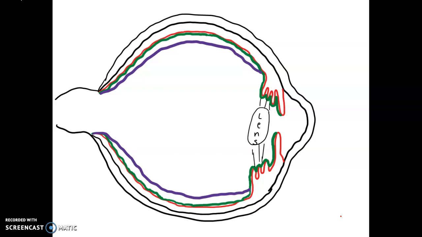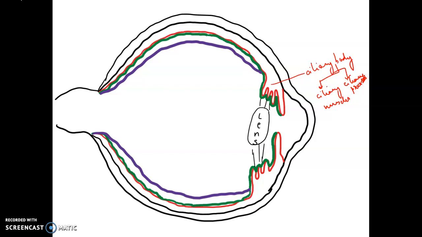I want you to focus on the ciliary body. As we know, this is the ciliary body. And we mentioned that the ciliary body is made up of ciliary muscles. We have ciliary muscles and ciliary processes. We will focus on ciliary muscles.